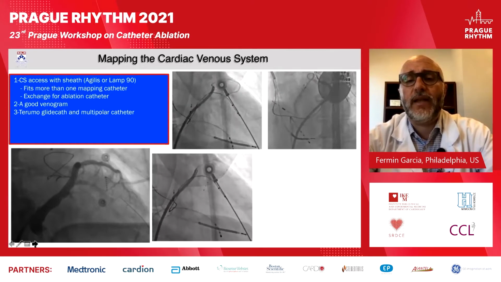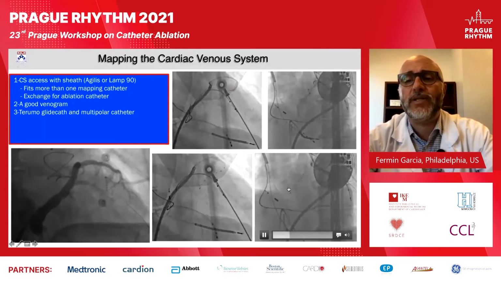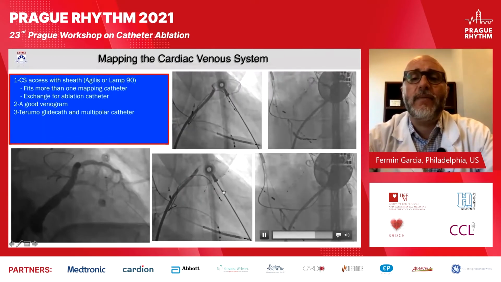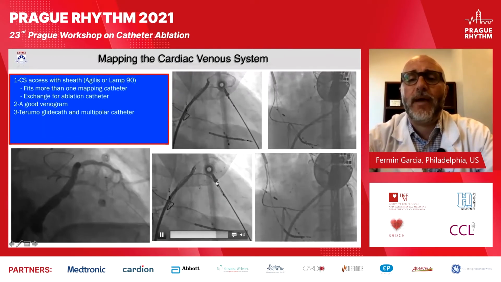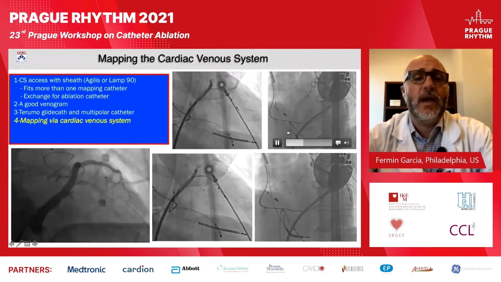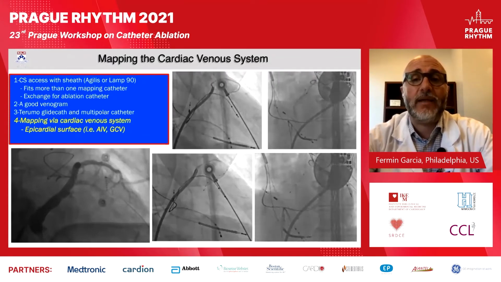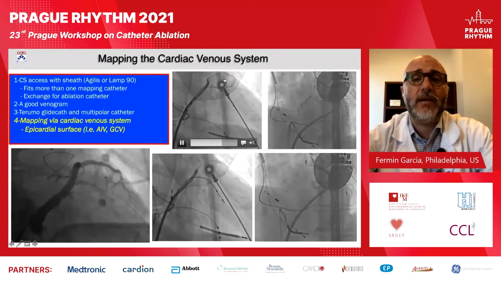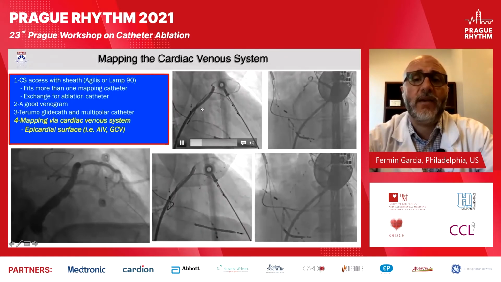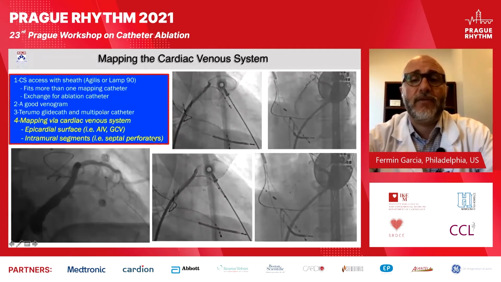This selective cannulation represents placing of a 2 French octapolar catheter and bipolar mapping from this area inside of the ventricle. We will then have direct information about epicardial activation through the AIV and the great cardiac vein, and intramural segment through the septal perforators.